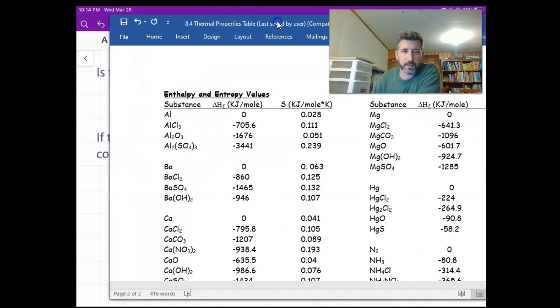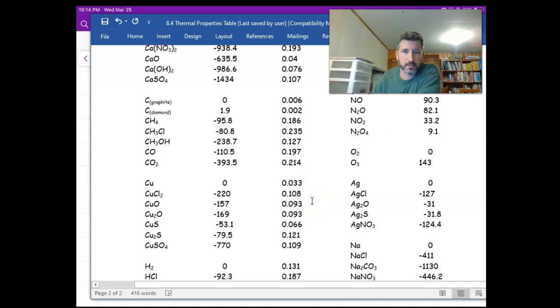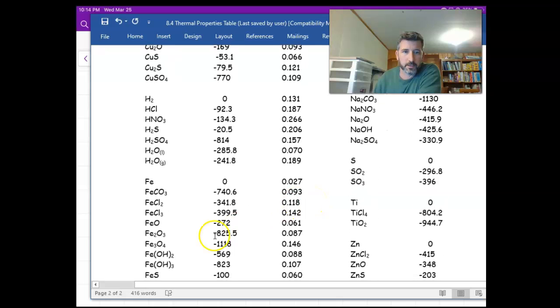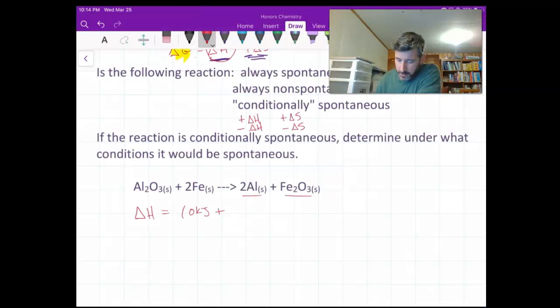So let's see if we can find our iron 3 oxide. Let's see here, Fe2O3, so negative 825.5. All right. So negative 825.5 kilojoules. So those are my two products minus my reactants. So my first reactant is aluminum oxide.